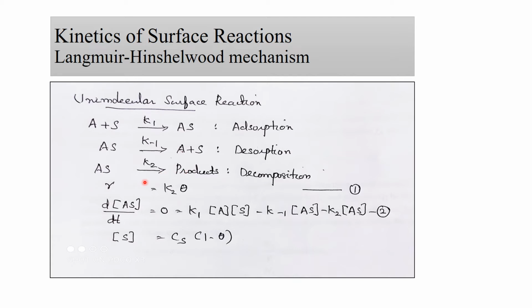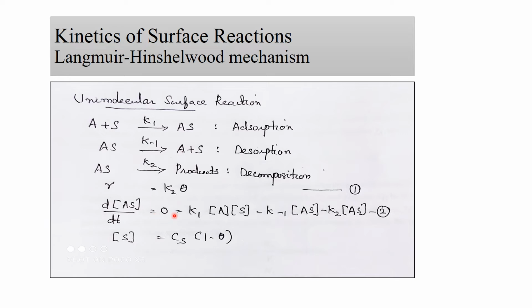According to Langmuir-Hinshelwood hypothesis, the rate of the reaction may be represented as R equal to K2 into theta, where theta denotes the fraction of the surface covered. If we assume a steady state with respect to the concentration of AS, then d[AS]/dt equal to 0.